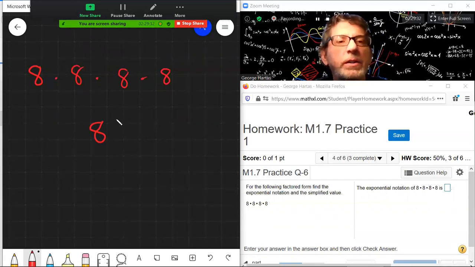What do you think? 4, you said. Correct. This 4 comes from the fact that we're multiplying the base 4 times over. 1, 2, 3, 4. So there's the base 8, and we're multiplying the base 8 by 4 times over, and that's the 4. So here, let's put 8 to the 4th power.